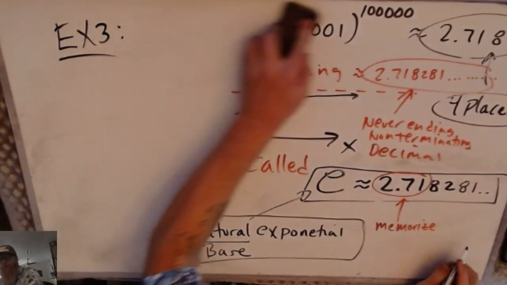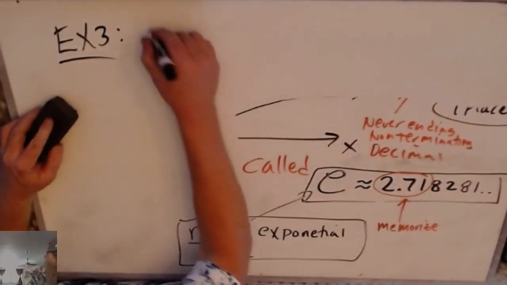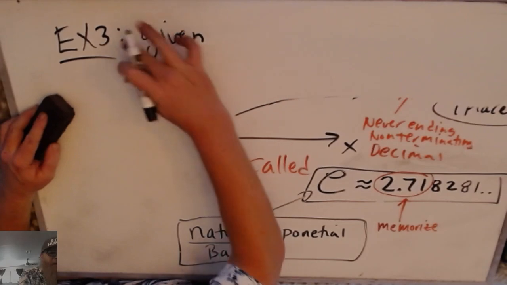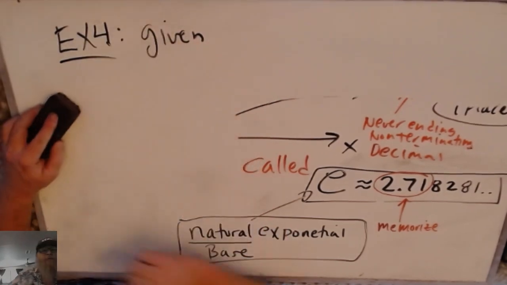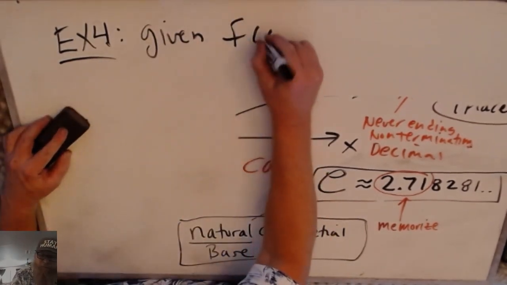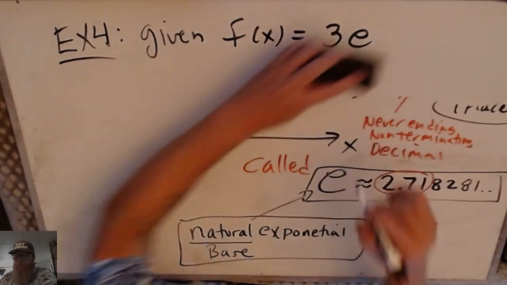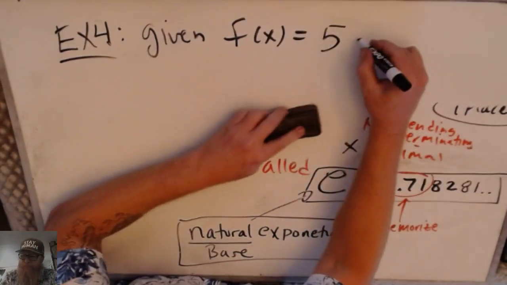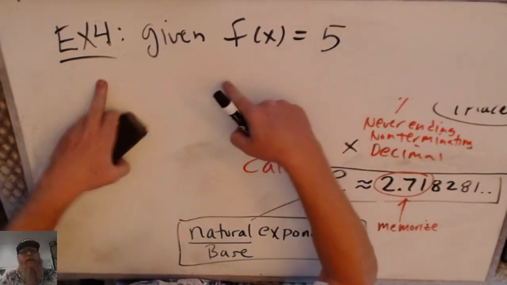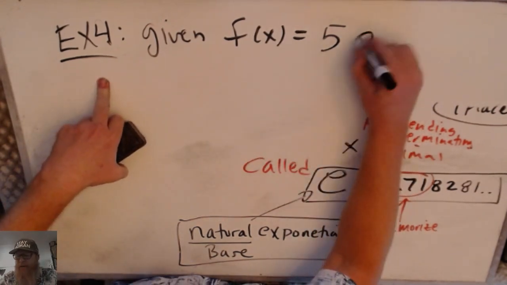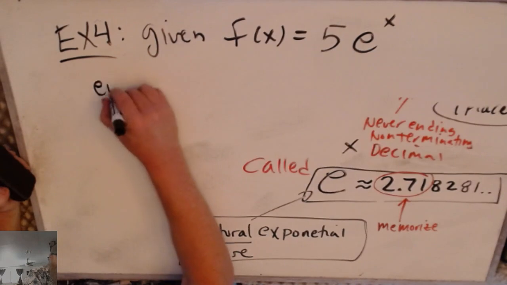So example 3. 4, I think I'm up to 4 now. Example 4. I almost put a 3 there. Example 4, f of x is 5e to the x.